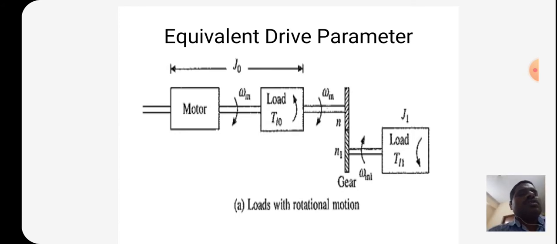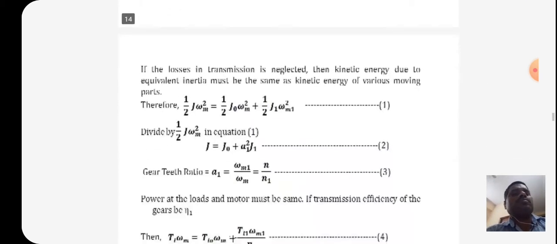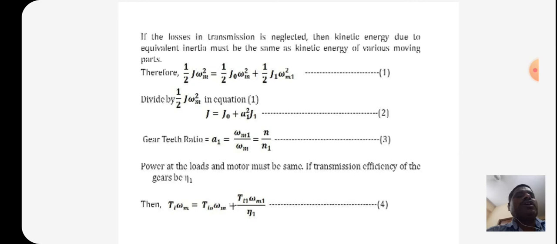Say the kinetic energy of the entire system is equal to 1 by 2 J omega m square, that is equal to 1 by 2 J naught omega m square plus 1 by 2 J1 omega m1 square. This is the equivalent inertia of the entire system.